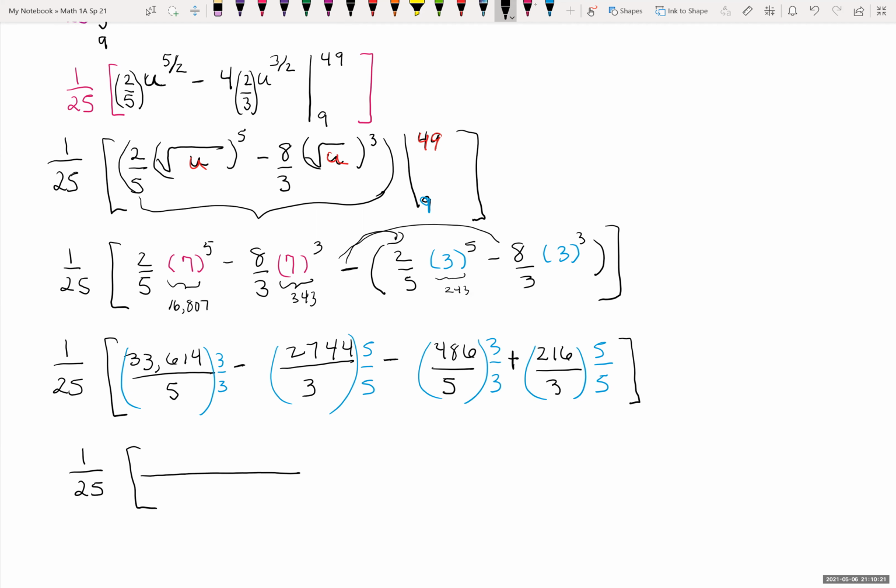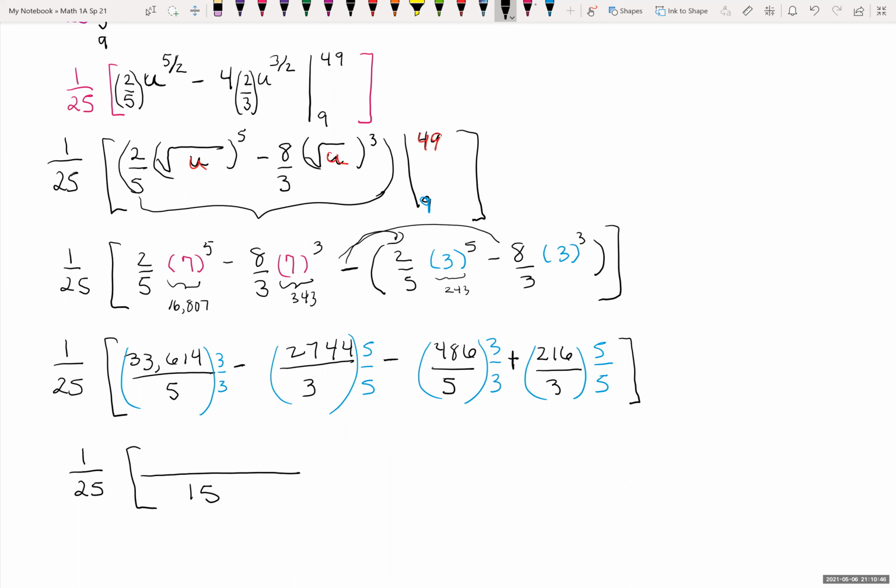My denominator here is going to be 15. And so just to save time, I'm just going to put it all in at once. So 3 times 33,614 plus 5 times 2,744.